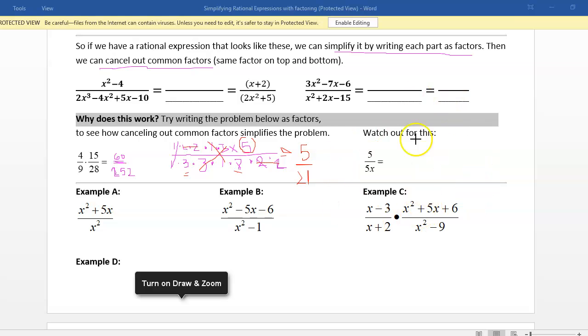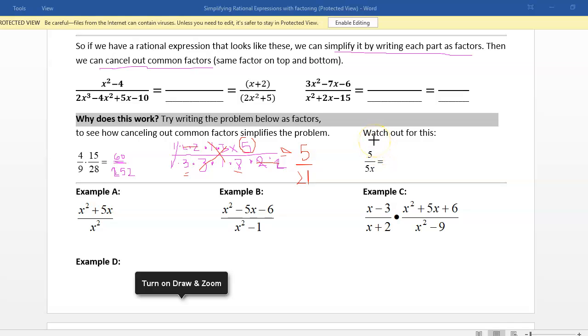Now, this is something else that we need to watch out for. As we're simplifying common factors from top to bottom and we start canceling things out, we need to make sure we watch out for the missing factors in the numerator and the missing factors in the denominator.